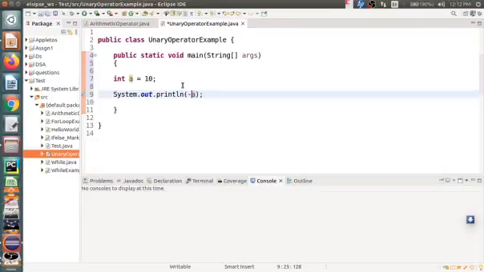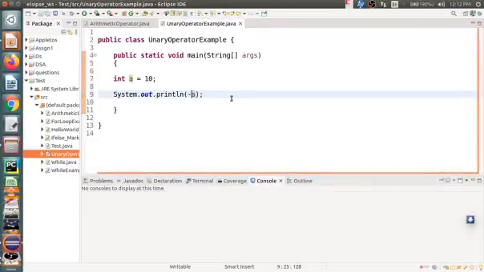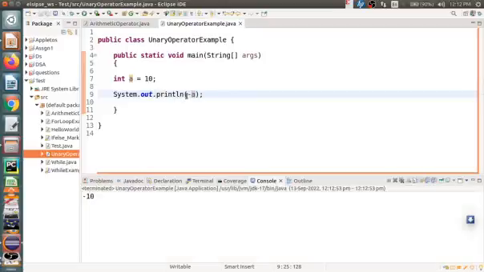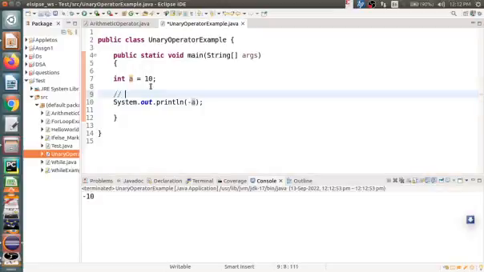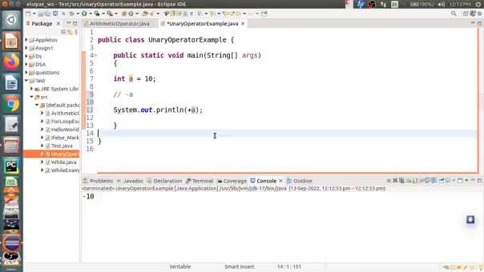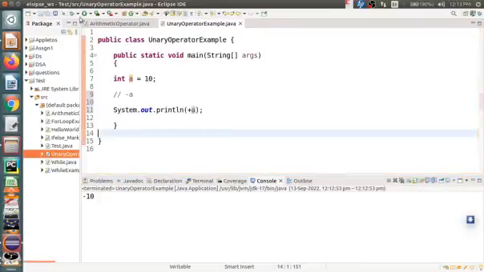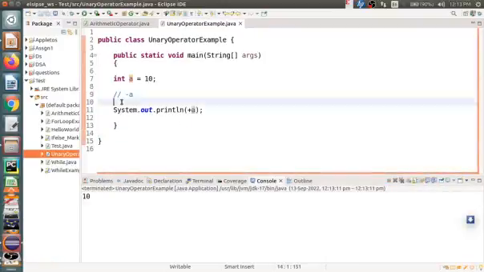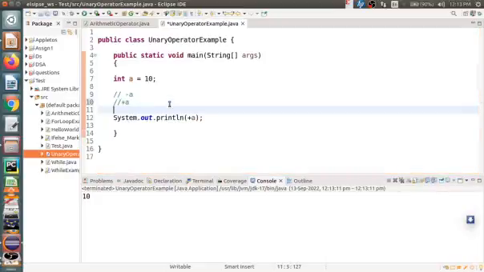Now minus a is a valid expression, and plus a is also valid. Now the increment operator.